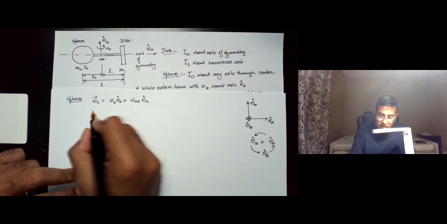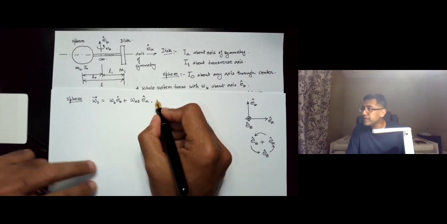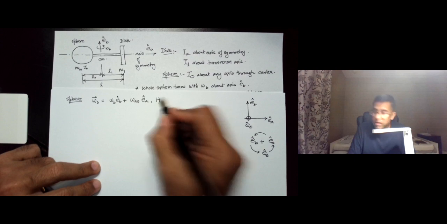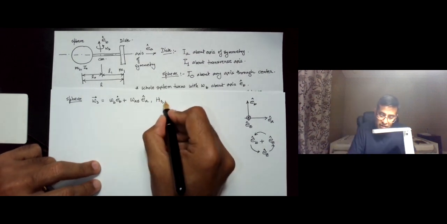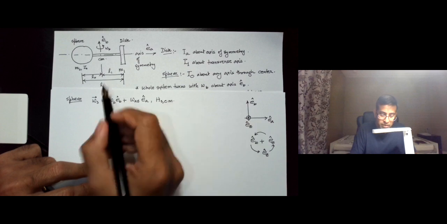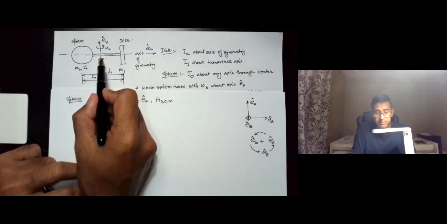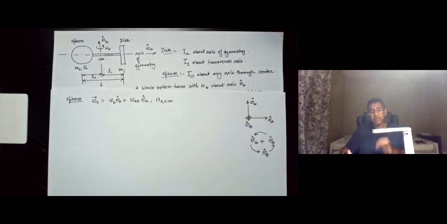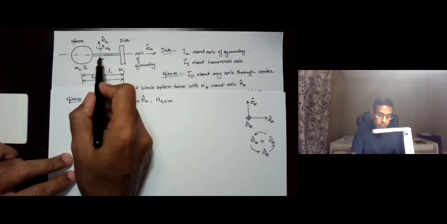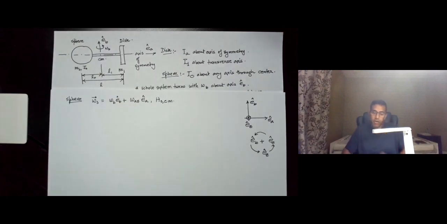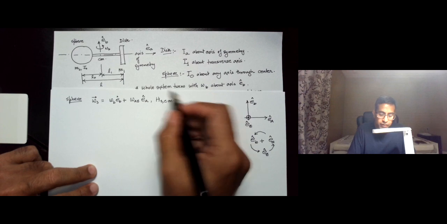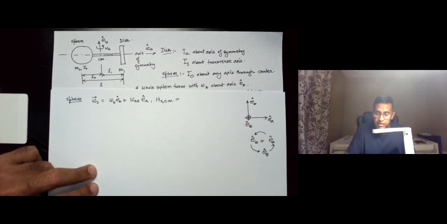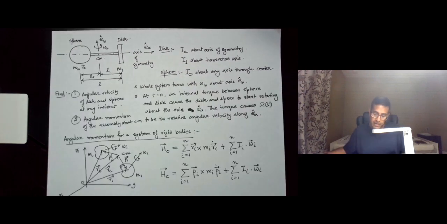Now let us write the expression for the angular momentum of the sphere about the center of mass, and what we mean by cm is this cm. So let's write the angular momentum of the sphere about the center of mass of the assembly. That is going to be going by this expression here.